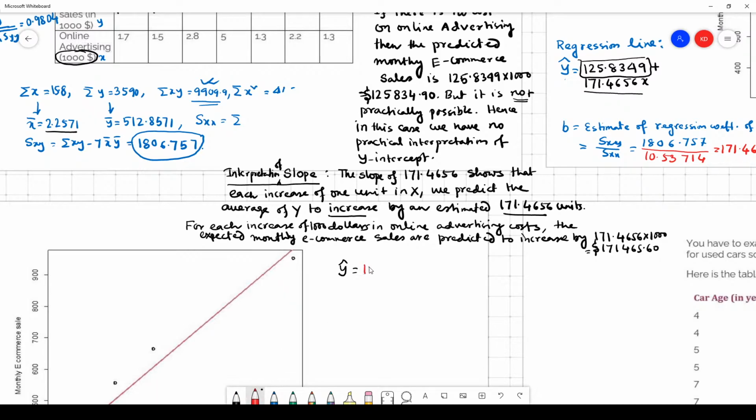So now we compute y hat equals 125.8349 plus 171.4656x.